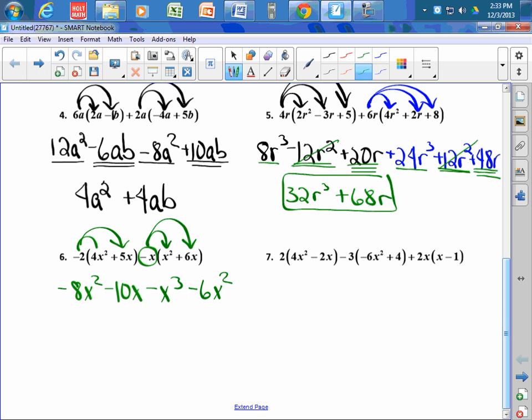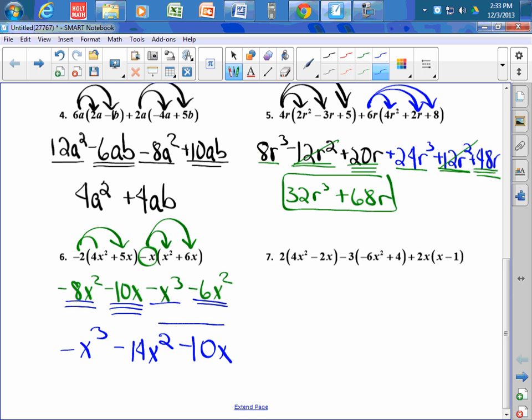List these in descending powers. Start with the highest exponent. What is it? Well, it's negative x to the third. And the next highest exponent is your x squareds. Do those next. Negative 8 minus 6, negative 14, x squared. And then, of course, you just have negative 10x, and there's your final answer.